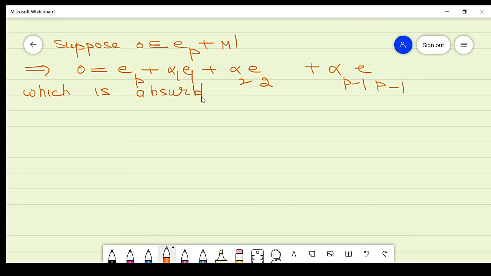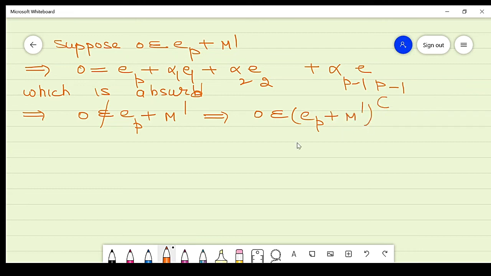If it is absurd, then 0 does not belong to Ep plus M dash. It means 0 belongs to its complement, and its complement is also an open set.